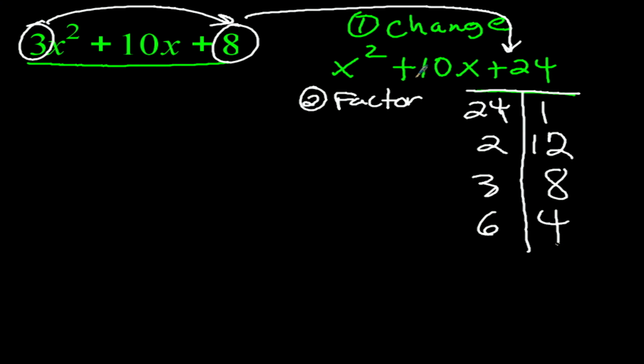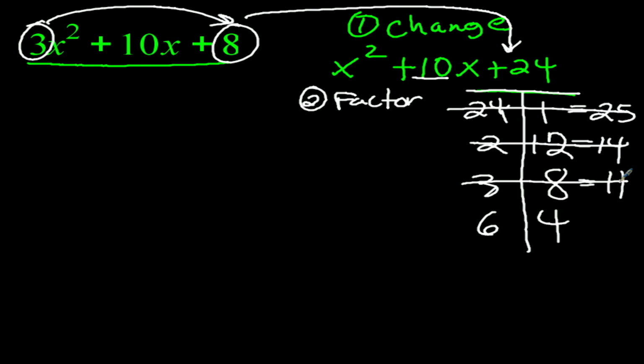Again, our goal is to see which factors sum to 10, which is our middle term. So if we add up 24 and 1, that's only going to give us 25, so that's not it. We add 2 and 12, that's going to give us 14. That's not our factor that we're looking for. If we add 3 and 8, that's 11. That's close, but that's not it yet. If we look at 6 and 4, that gives us the desired factors that we're looking for. So those are our factors.